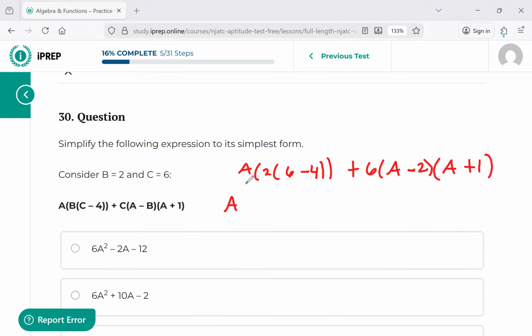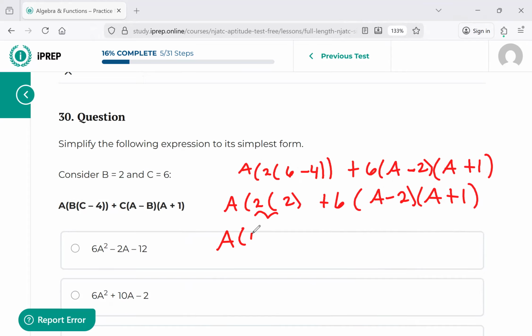Okay, so here, do the inner parentheses first. 6 minus 4 is 2, plus 6, and then this is 2. This one here, 2 times 2 is 4. And then let's roll this out.